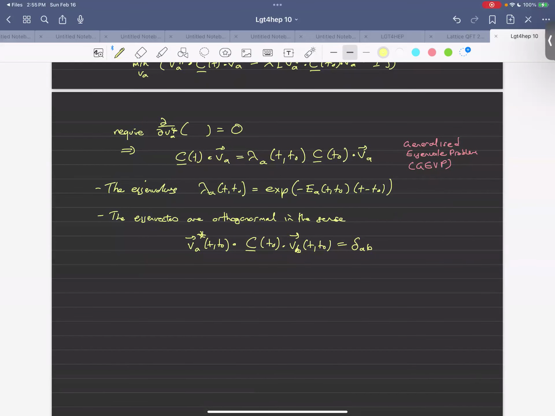So we can note that we still don't get access to the full Hilbert space.